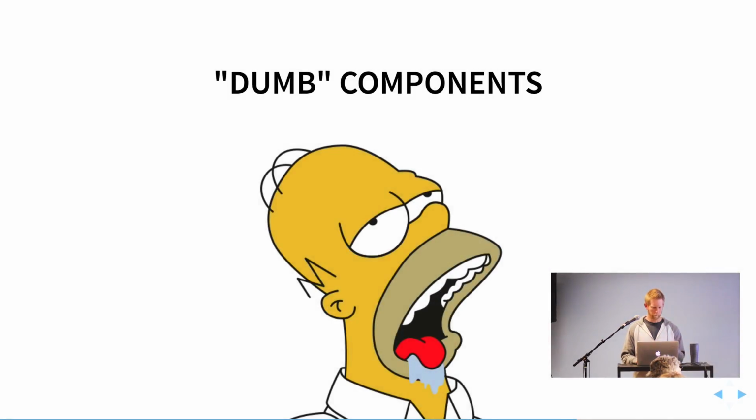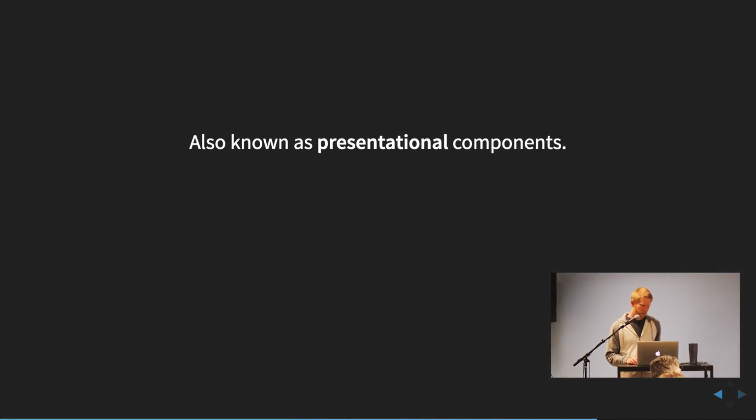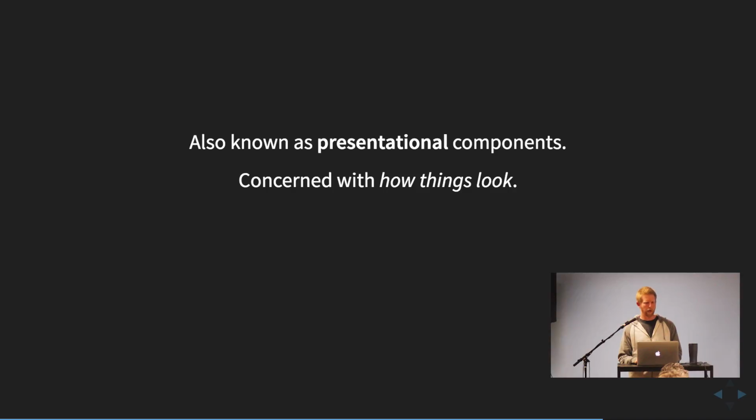So we also have dumb components, and these are also known as presentational components. They tend to be stateless. They're concerned with how things look. So if you imagine, some good examples are Angular material, the material design components, or something like Bootstrap.